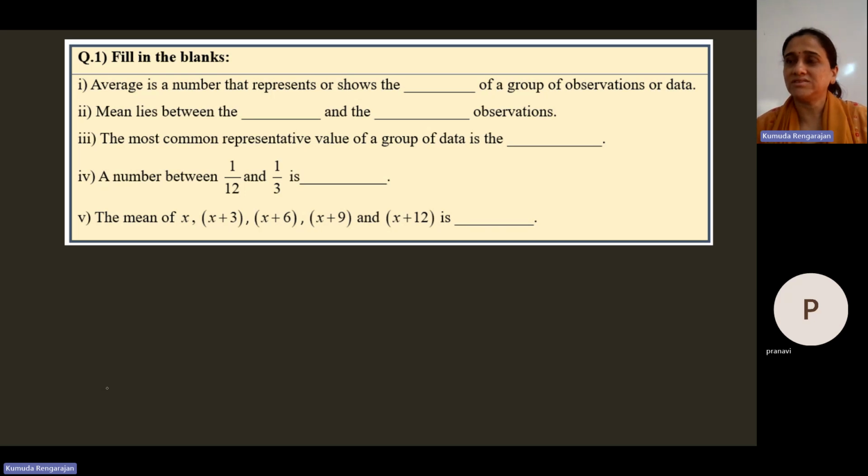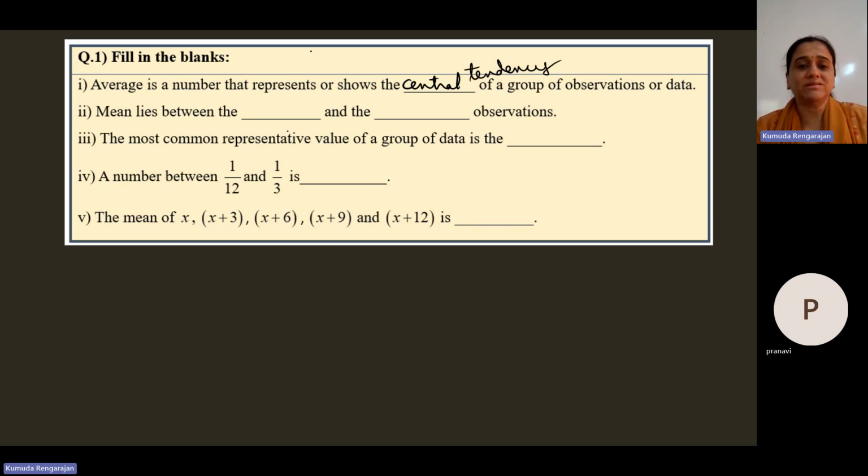Basically, representative. This term is new to you. Average is a number that represents or shows the central tendency. Central meaning middle; the remaining numbers tend to fall around that number. Remember, central tendency, of a group of observations or data.